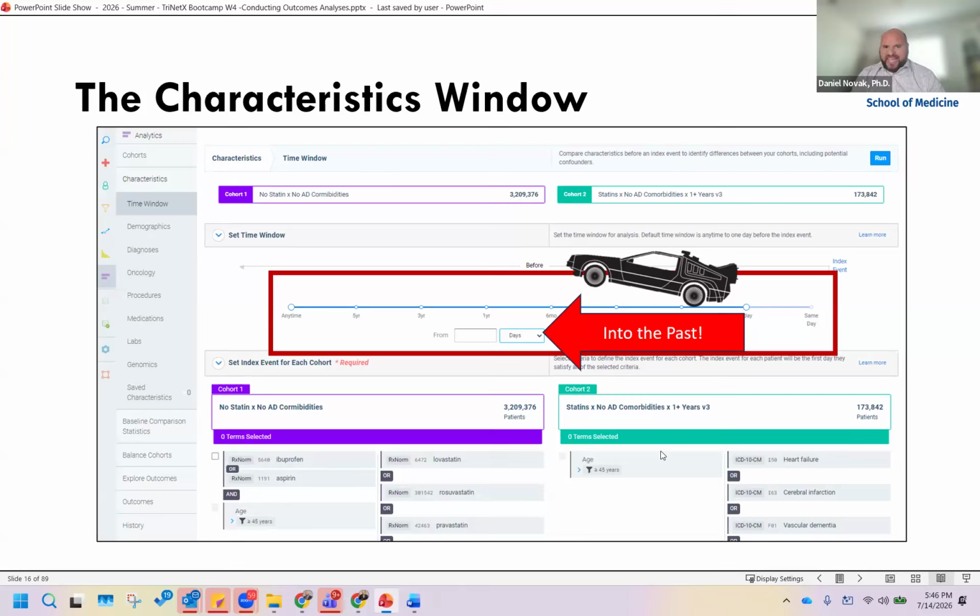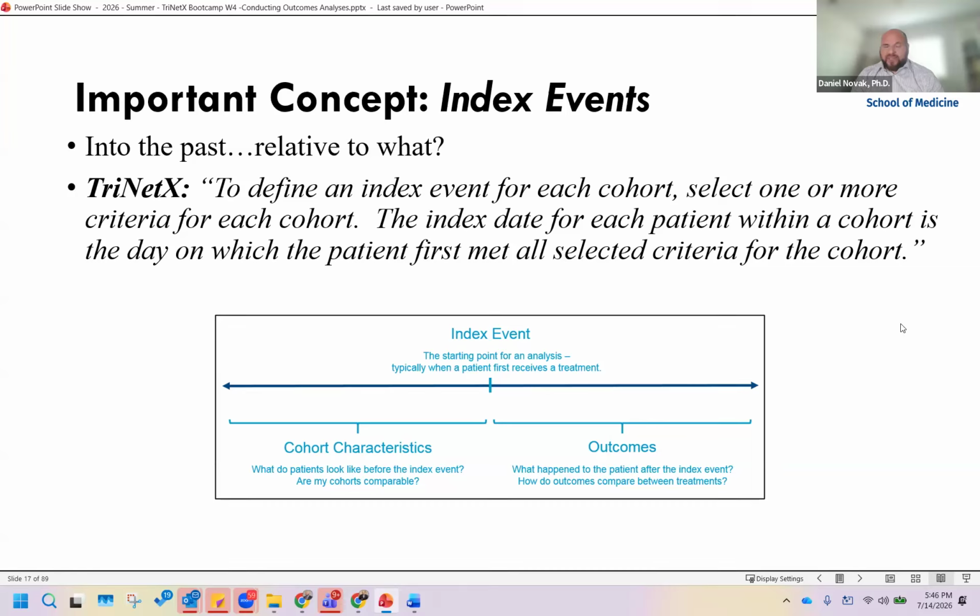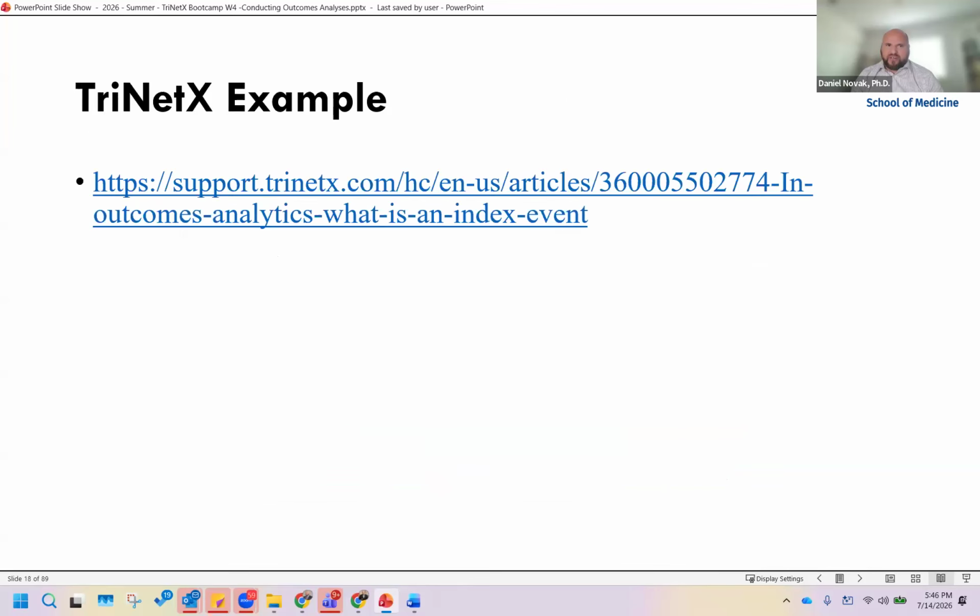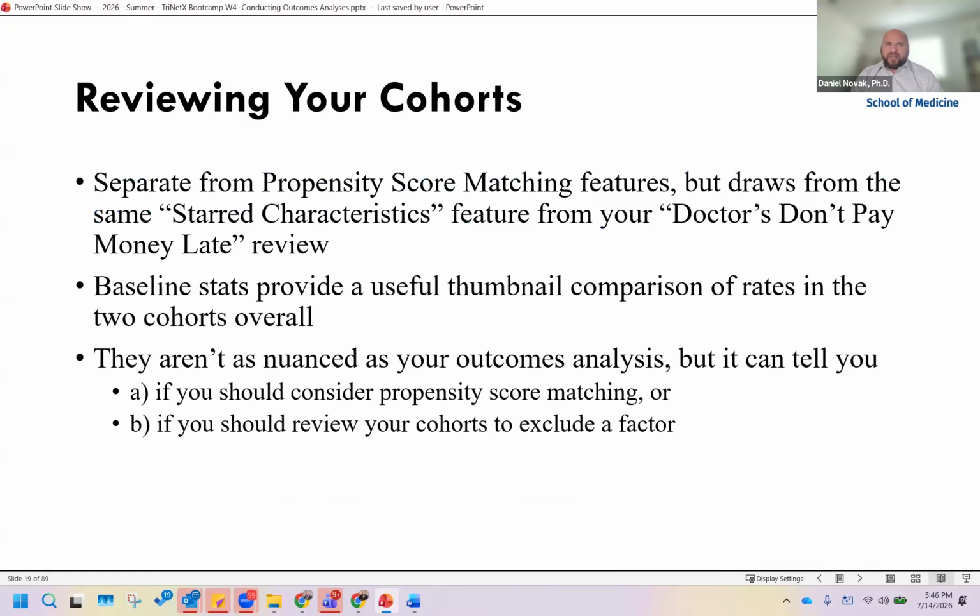And that becomes the date that this look back window starts from. And it also, as we'll find out, is the date that the look forward window starts from as well. But that's what an index event is. It's essentially the starting point for any given participant in your study or record in your study. TriNetX has a really good example that we went through last time, and I recommend spending some time reading the help documentation on index events if you need to become familiar with that.